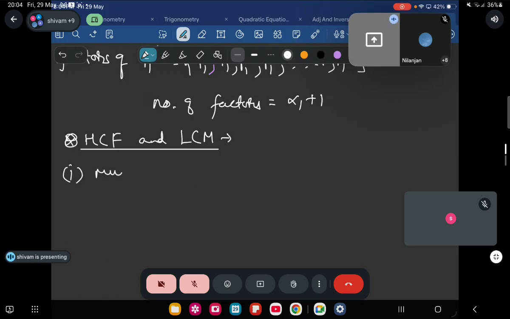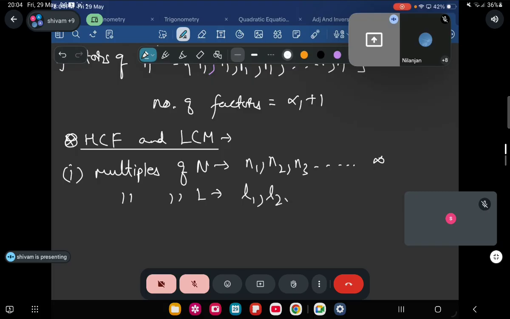Multiples of n will be equal to n1, n2, n3, up to infinity. Multiples of L will be equal to L1, L2, L3, up to infinity. Okay, these are the multiples of n, these are the multiples of L.